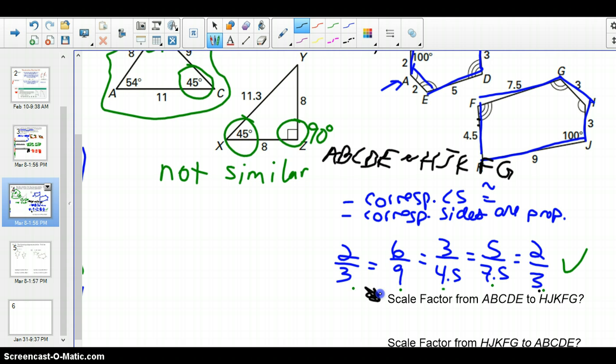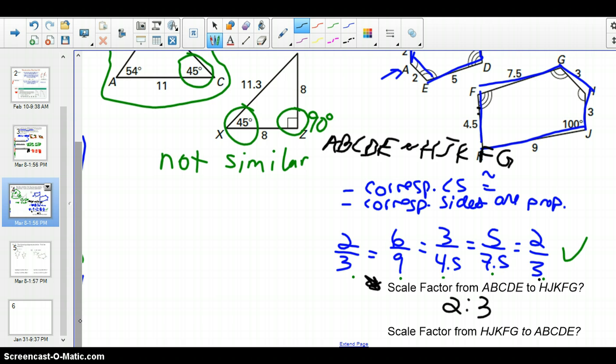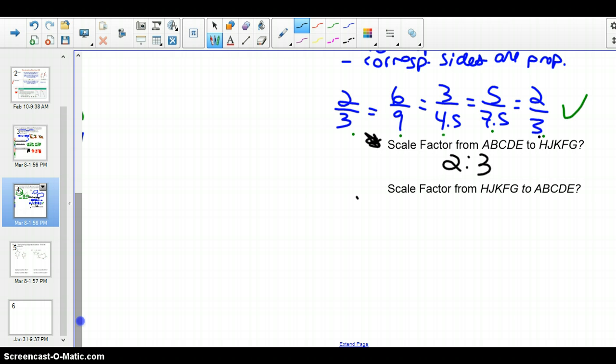Now what that's doing is it's going from the smaller to the larger. So you can just use your proportions that you found before in the ratio of the side lengths. The scale factor from the smaller to the larger is 2 to 3. If you're going to go the other direction, larger to smaller, you can just flip that, 3 to 2.